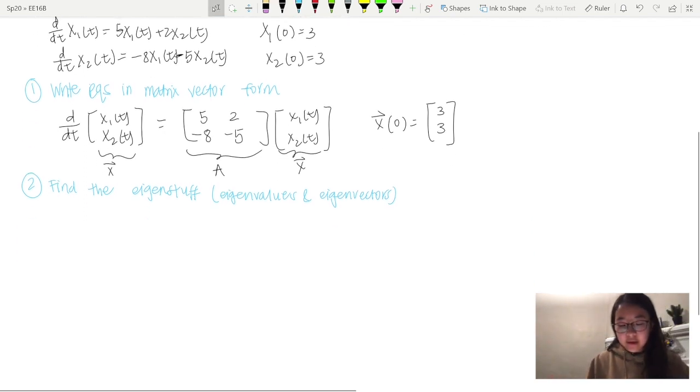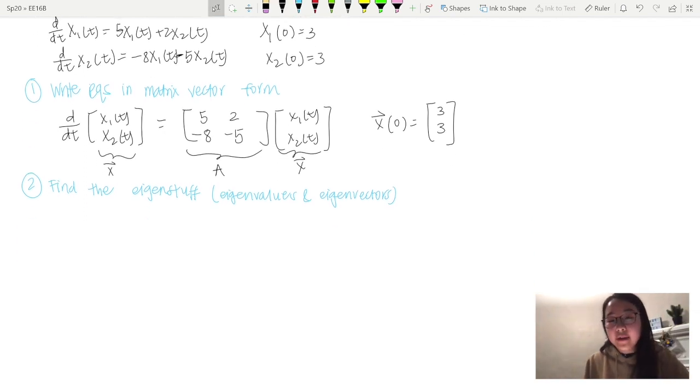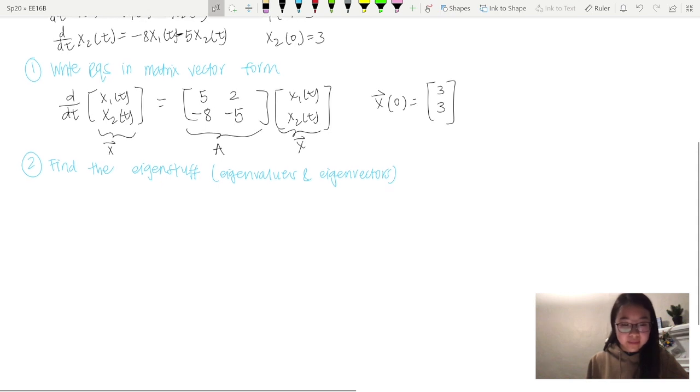And you want to do this because what we're ultimately trying to do is a change of basis into the eigenbasis, similar to what diagonalization does to simplify our calculations. But we don't know what the eigenbasis is yet, so we need to find the appropriate eigenvalues and eigenvectors to determine this.